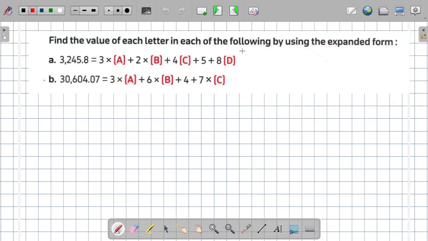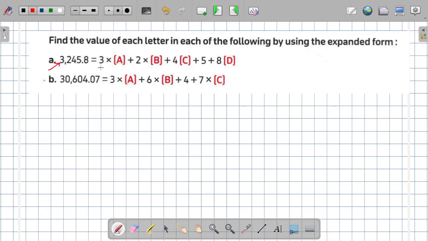Next, I want to remember the expanded form of any number. Okay, so here I have 3,245.8, and I want to write it in the expanded form. So I have 3 times A plus 2 times B plus 4 times C plus 5 plus 8 times D. Here 3 is in the thousands place, so it's 3,000.